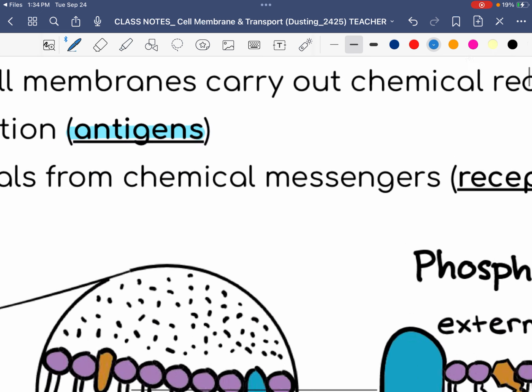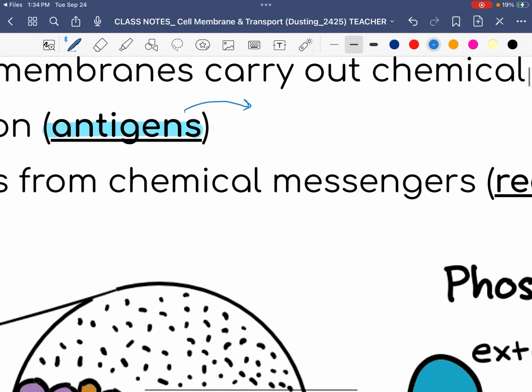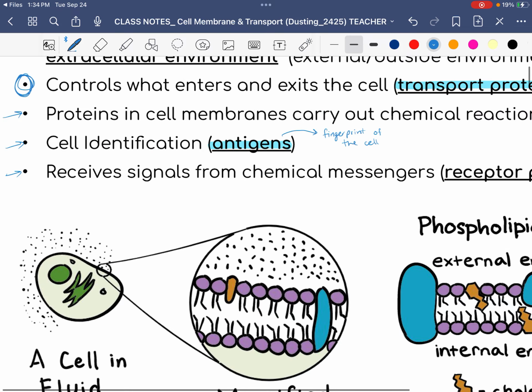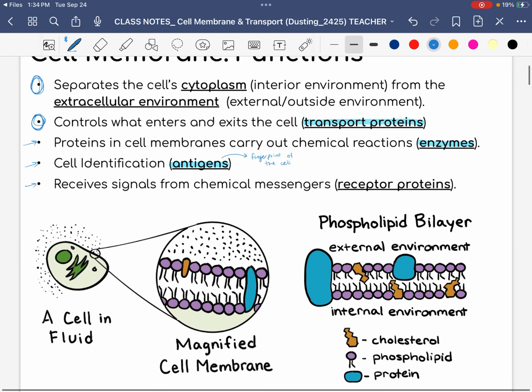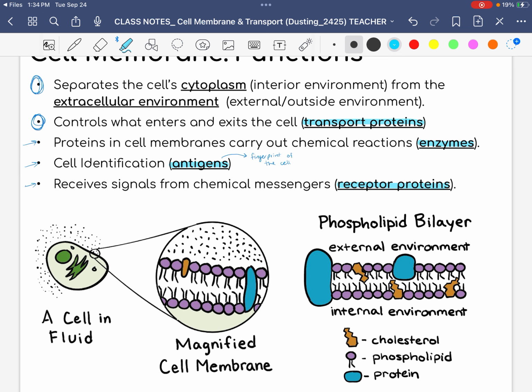So we write that in there. Antigens are kind of the fingerprint of the cell. And so that will help identify what kind of cell it is. And it can receive signals from other chemical messengers, and that's done by receptor proteins.